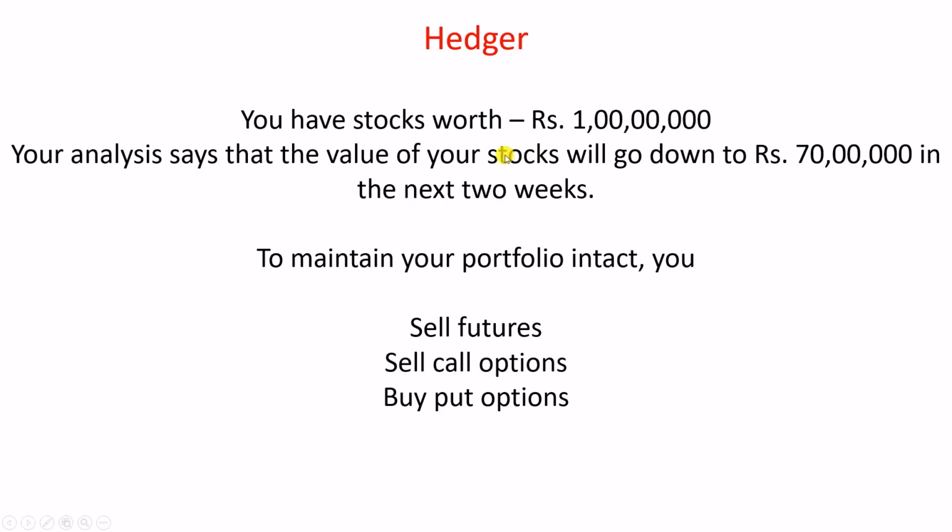If your analysis goes right and the price goes down, then the value of this goes up. So it will balance out. If you lose money in your portfolio, you gain here. If you gain in your portfolio, you lose here.